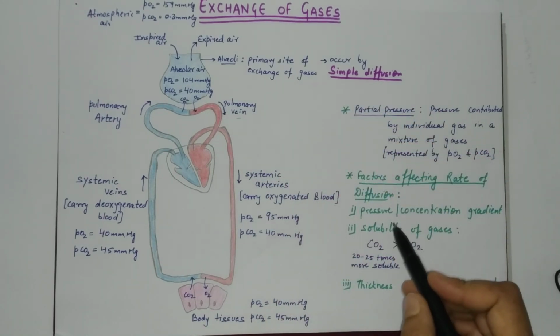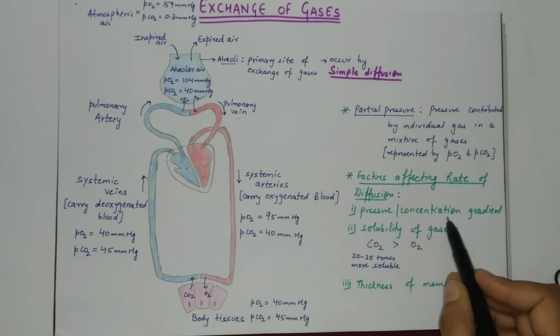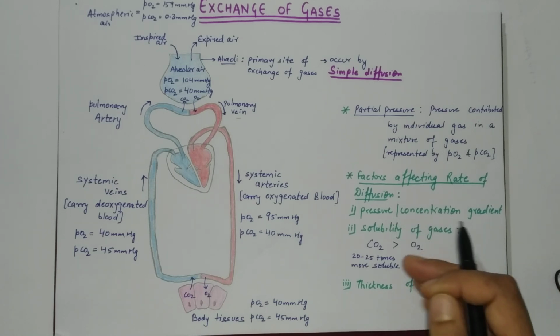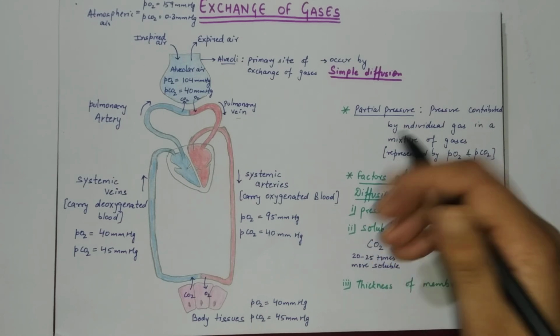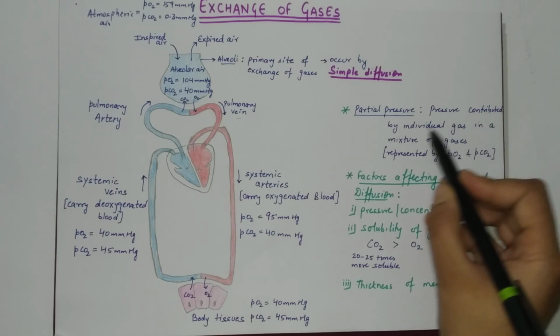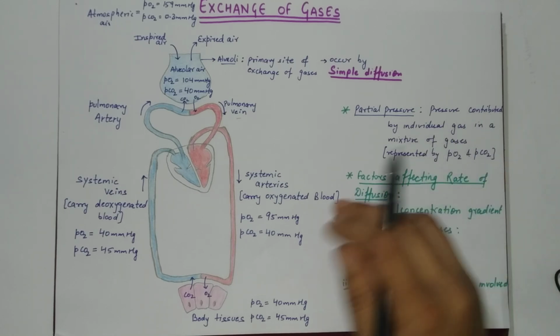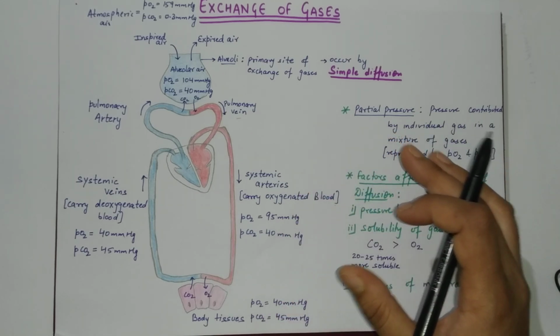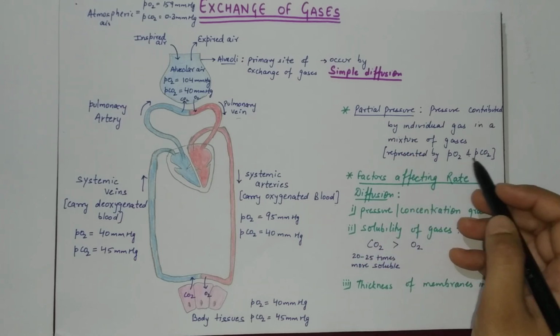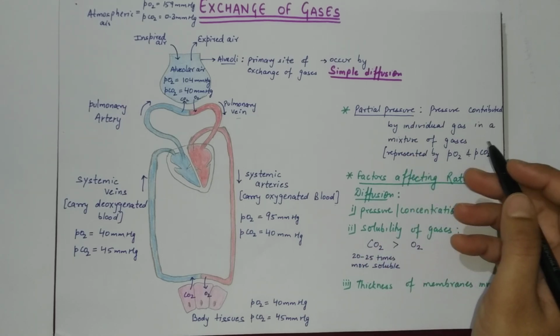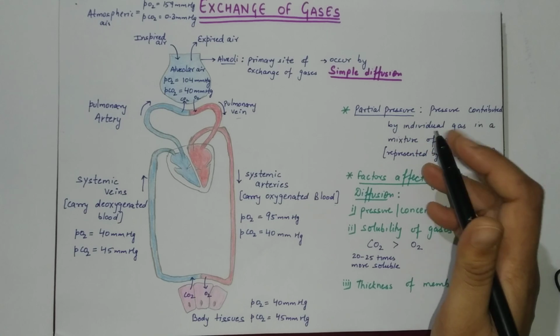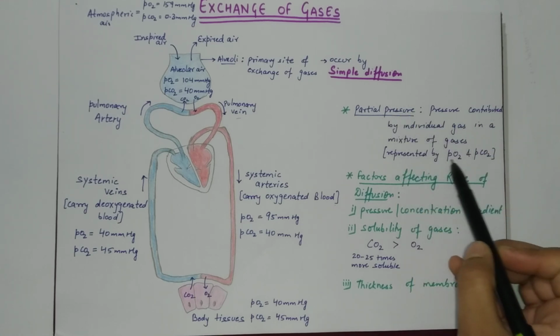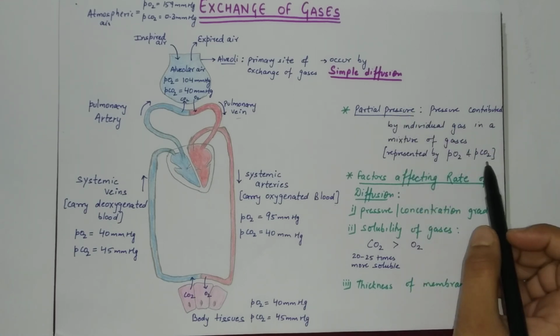The first and foremost is the pressure or concentration gradient. We have partial pressure of gases, which is defined as the pressure contributed by the individual gas in a mixture of gases. It is represented by writing P in front of the name of the gas, so it is written as PO2 and PCO2.